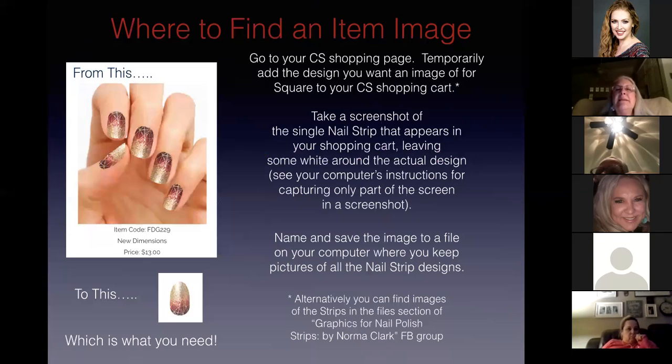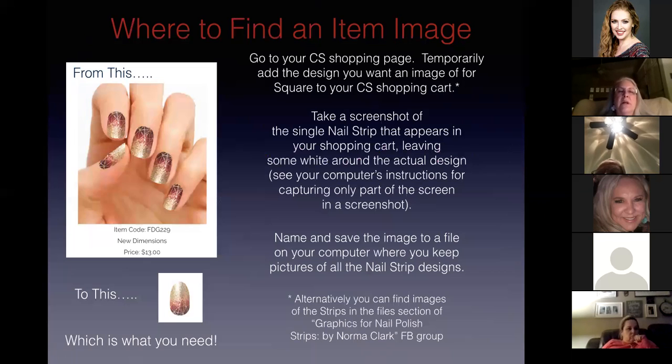Temporarily add the design you want an image of for Square to your Color Street shopping cart. So down there at the bottom left, you want that little tiny thumbnail. That's what we're going for.